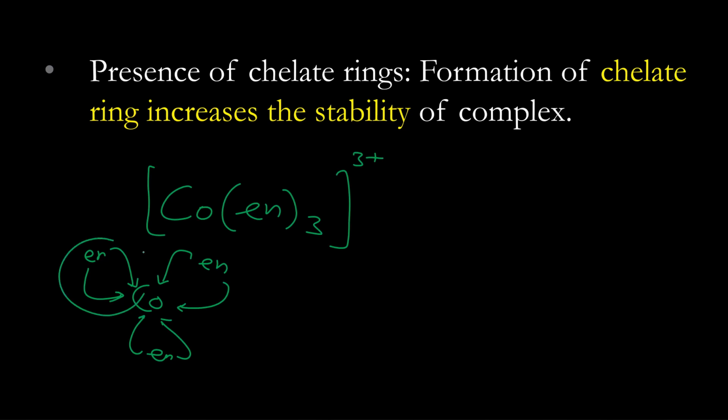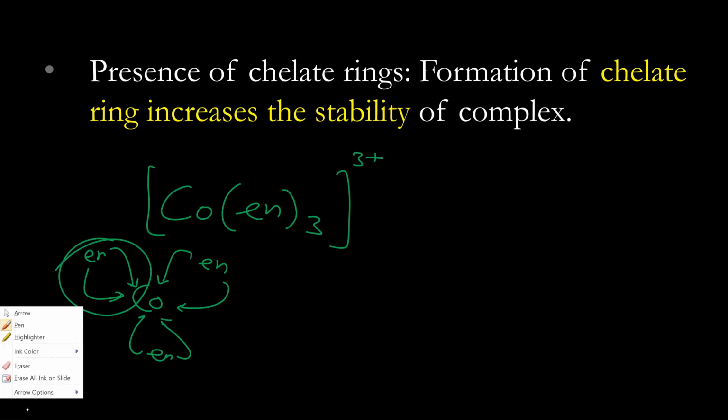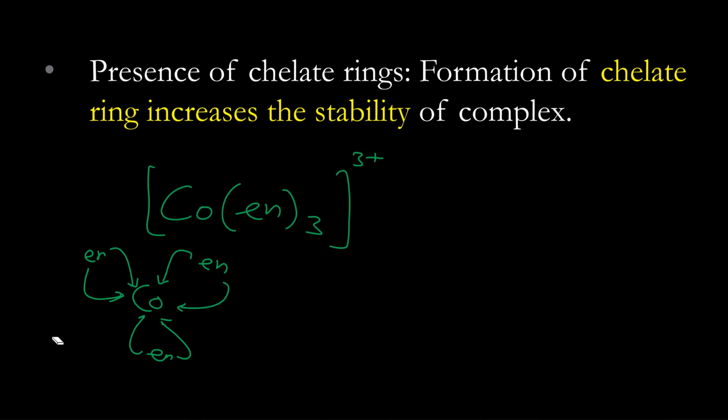So this type of bond is called chelate when there is more than one bond from one ligand. Is that clear what I am saying? Yes, sir. So if any ligand forms more than one coordinate bond with the central metal atom at the same time, then it is called chelation. So this is a chelate ring.